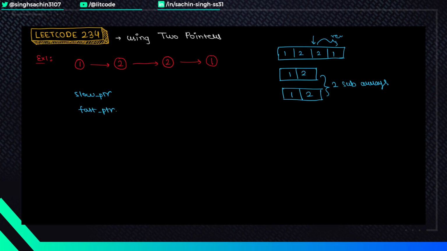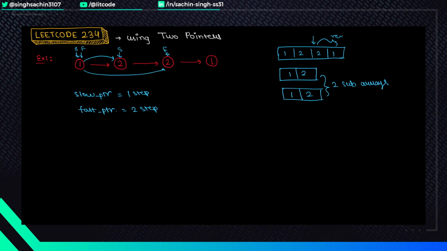The slow pointer will move one step at a time, and the fast pointer will move two steps at a time. For example, in this case, let's say both of these started from the head. Let me give S and F. In the next step, the slow pointer will move to this node, but the fast pointer will be at this node.